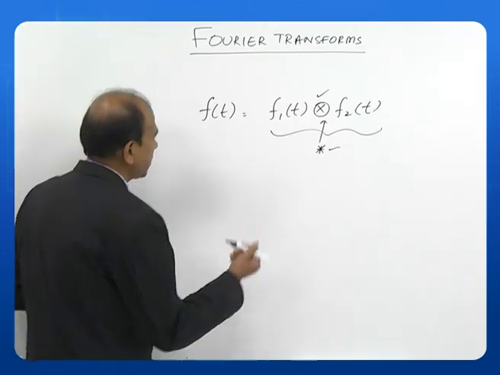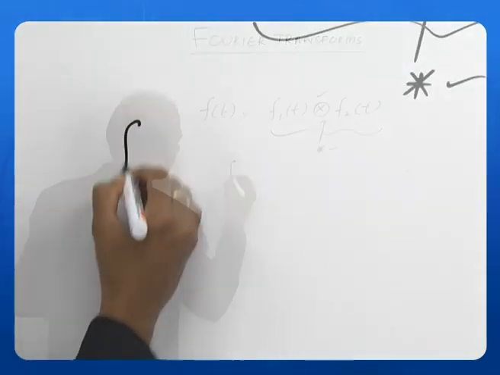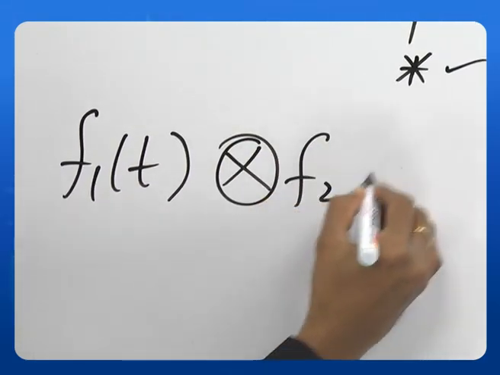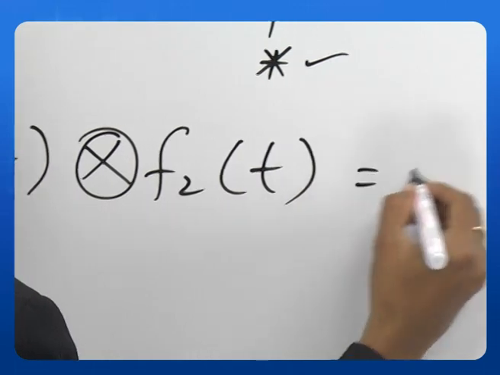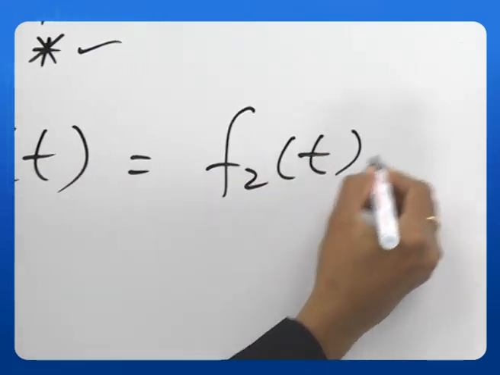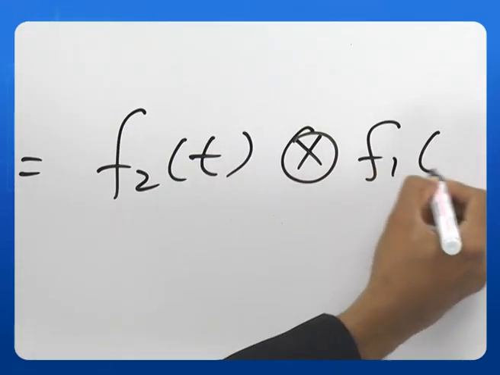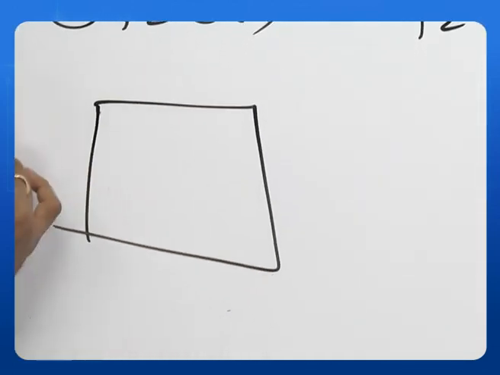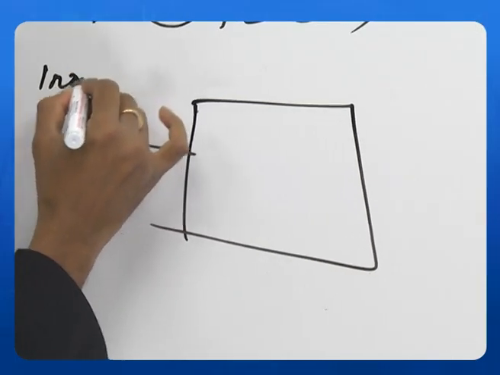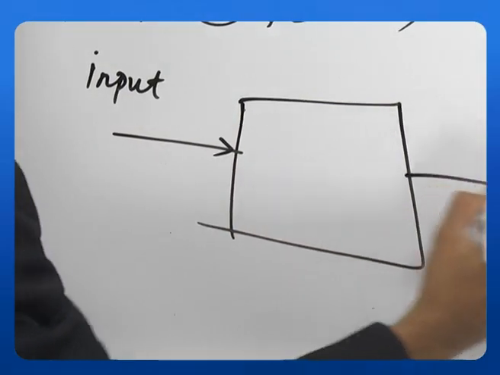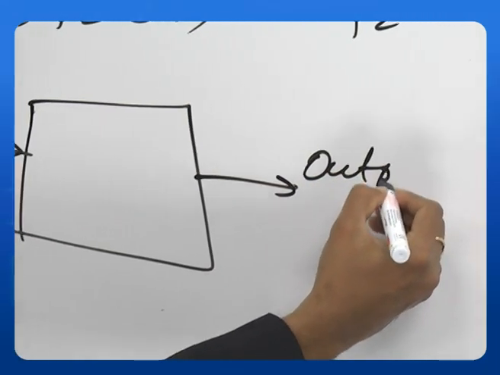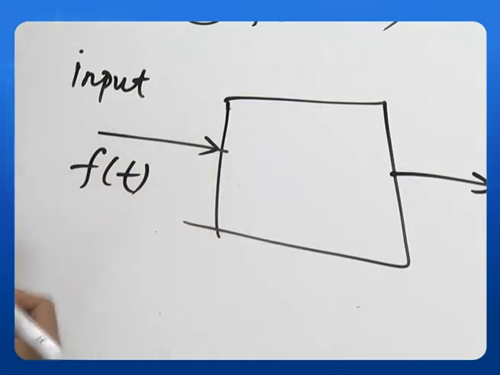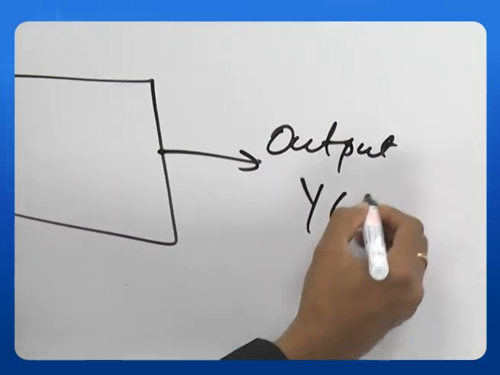Let us take two functions. Let us say f1(t) is convolved with f2(t). This will be the same as f2(t) convolved with f1(t). Let us take a system. This is the input, and this is the output. Let us say the input is f(t), and let us take the output as y(t).